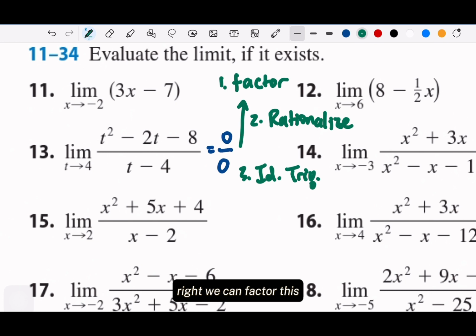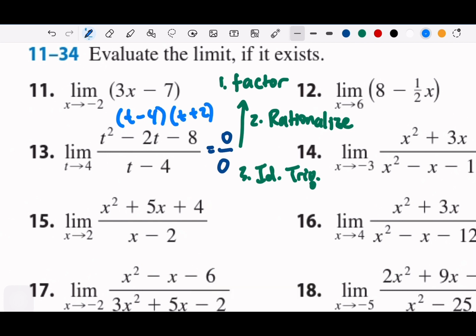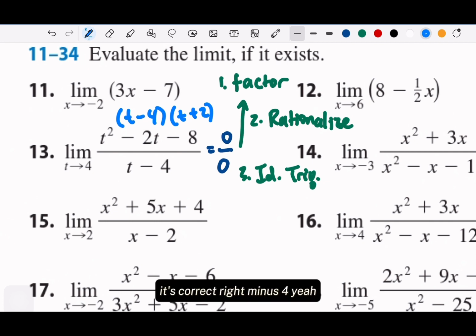So I think the best way is, because we can factor this, right? So we can have t minus 4, t plus 8, right? It's correct, right? Minus 4, yeah. And then we can cancel this, okay?